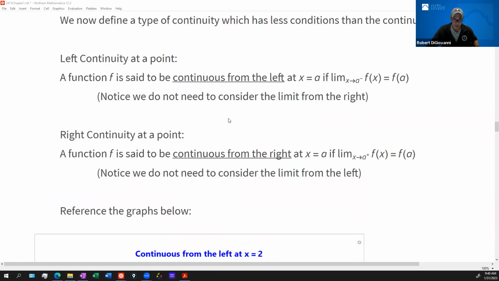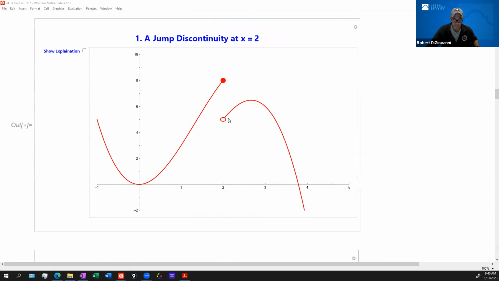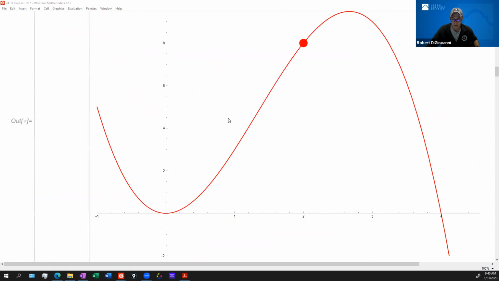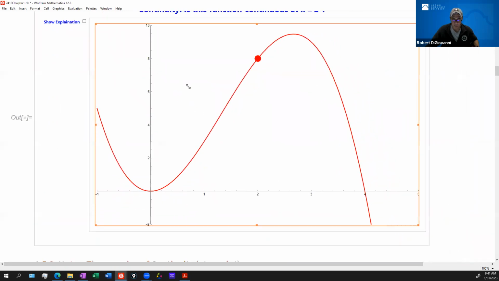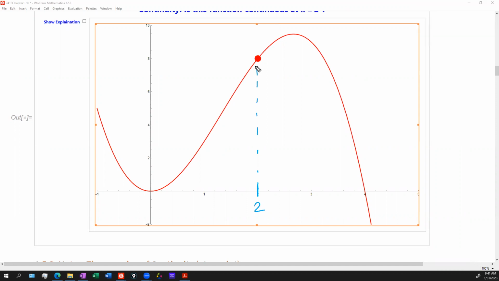Let me go back up here. Look at that one again. I want to talk about what's happening at 2. Is this left continuous at 2? Yes. Is it right continuous at 2?